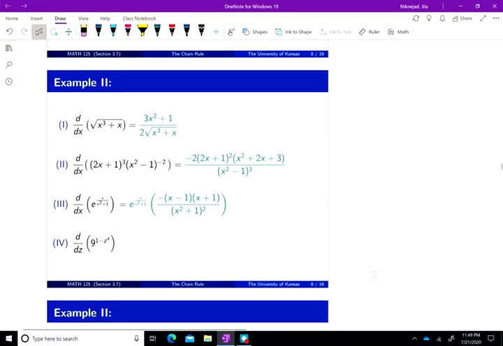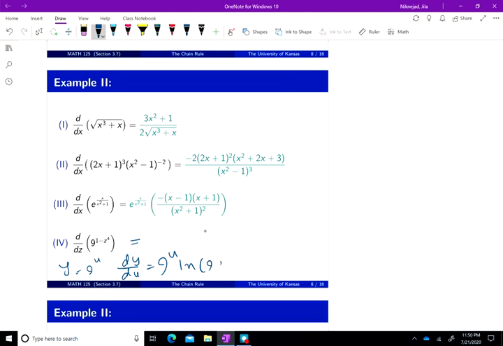Last but not the least, we have the derivative of 9 to power 1 minus z to power 4. How do I do this? Again, what is the outside function? 9 to power u. The derivative of this y with respect to u is 9 to power u, natural log of 9.